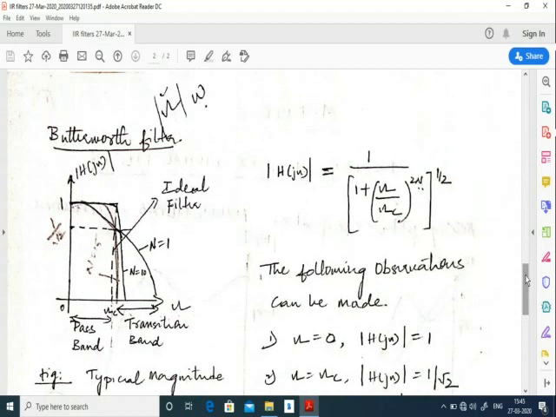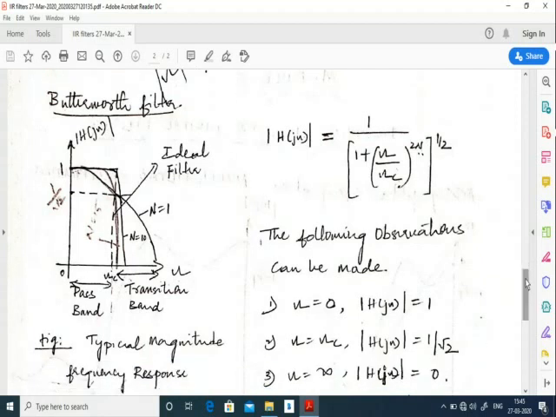Now the first technique is the Butterworth technique. In Butterworth filter design, in general, we're going to design a low pass filter only. Then using a suitable method, we're going to transform the low pass filter either to a high pass filter or to a band pass filter or to a band stop filter.